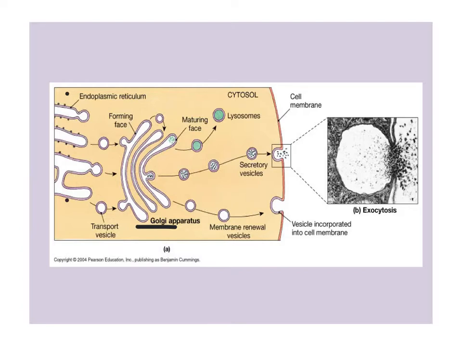Then this is showing vesicles doing, depending on what they have in them, some of them may be lysosomes. If they're going to be excreted, they would be secretory vesicles, or they could be membrane renewal vesicles if they merge with and are incorporated into the cell membrane. But again, this is showing exocytosis by means of the secretory vesicles, and this is an actual transmission electron micrograph of that releasing the substance outside the cell.